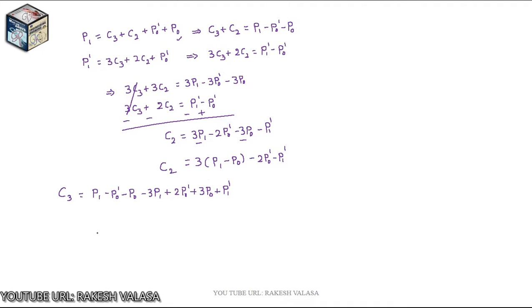Now simplify this equation and you get 2 into P0 minus P1 plus P0 dash plus P1 dash.